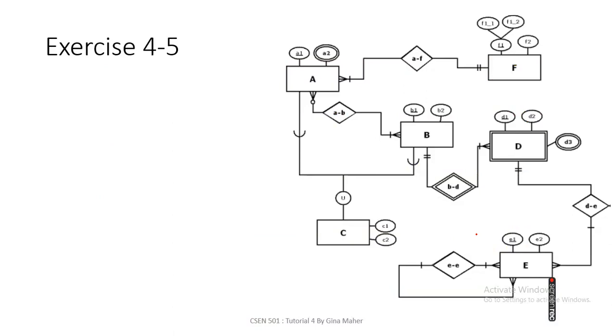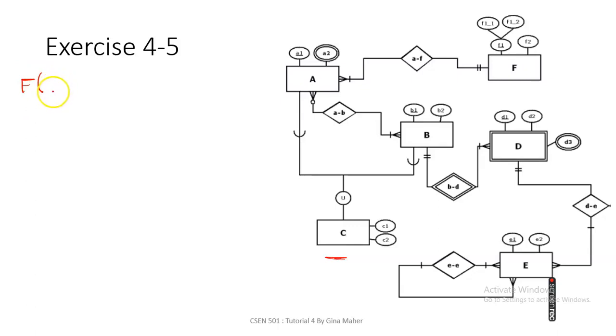The next example is the same as the previous one. We have more entities with more relationships, and we have an EERD where the C is a subclass for two superclasses, A and B. Let's start with the entities where there is no inheritance, okay? Let's start, for example, with F. In F, we have two attributes.